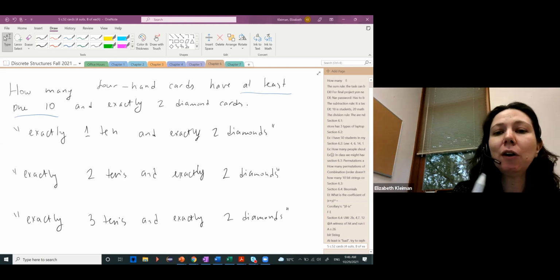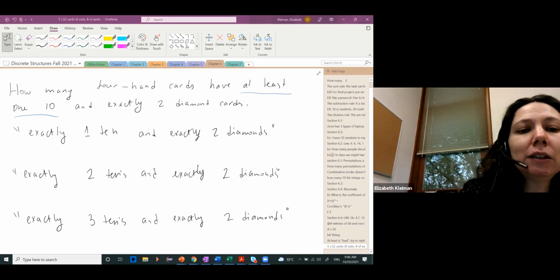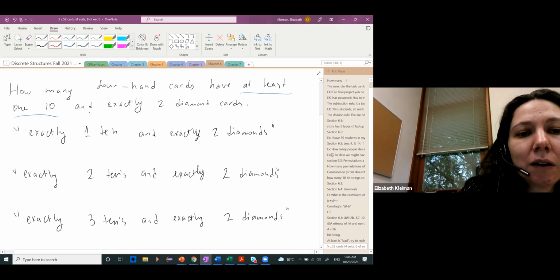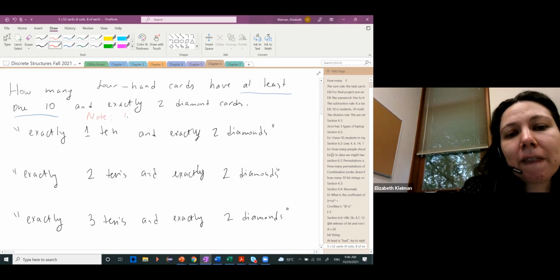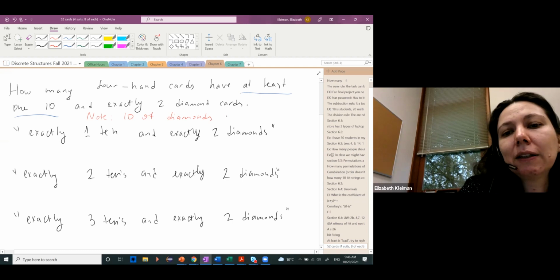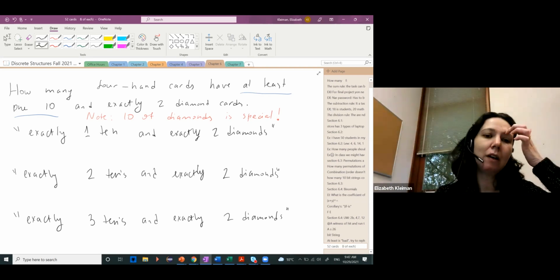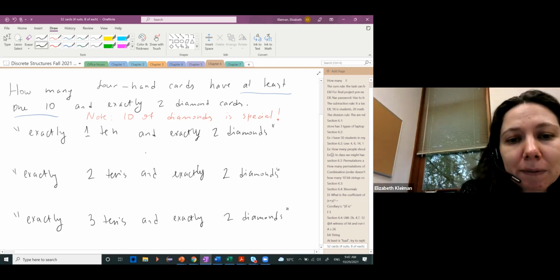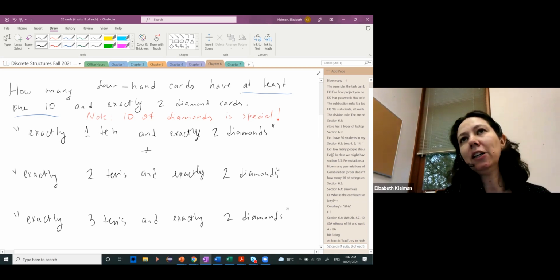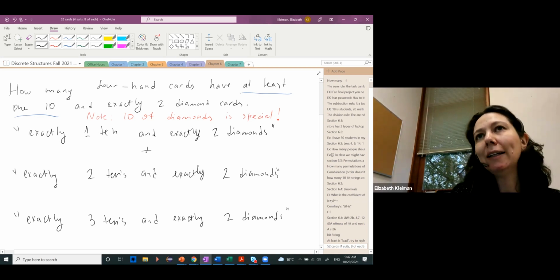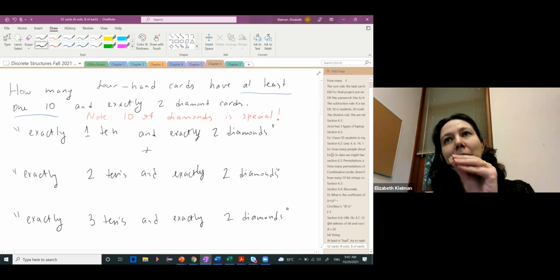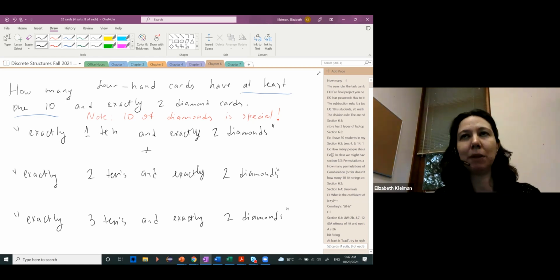So we will note that 10 of diamonds is special. So we will need to have a special case for her. One option for me in here is no 10 of diamonds, because 10 of diamonds will have to have special treatment.